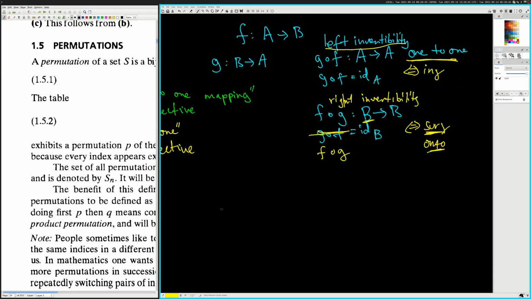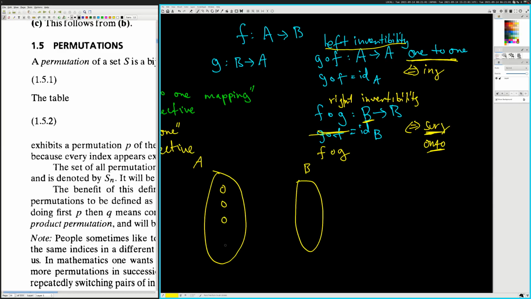So the way I think about this, so the kind of second grade picture of a function you might have is you have this set over here A and this set over here B, and A, say it has 5 buttons and B has 5 buttons. This is maybe a good illustration for what we're going to be talking about.